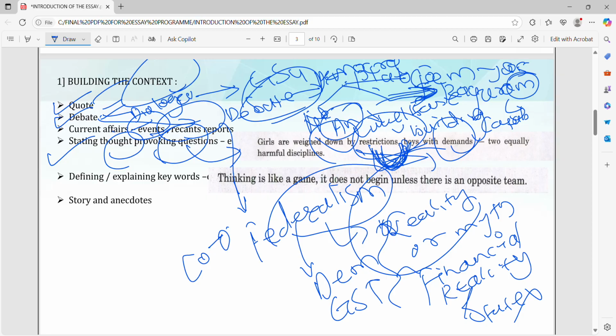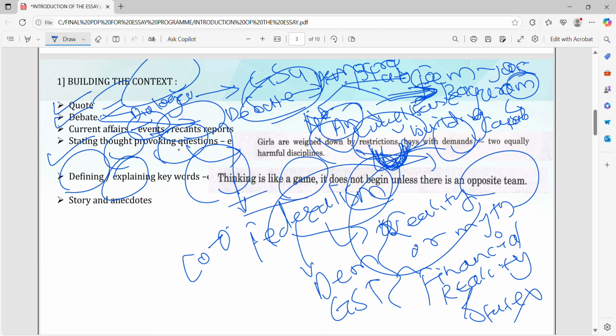This type of question, and then we have to prioritize these questions. Same way, defining and explaining the keywords. Thinking is a game. What is thinking, what is the game, and it does not begin unless there is a potassium. We can decode each and every word.